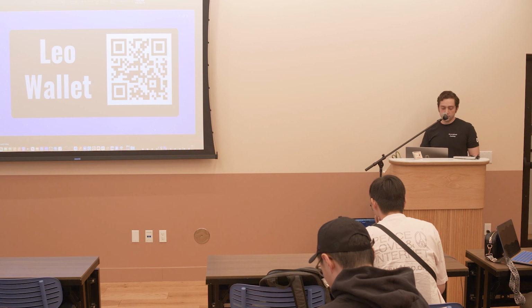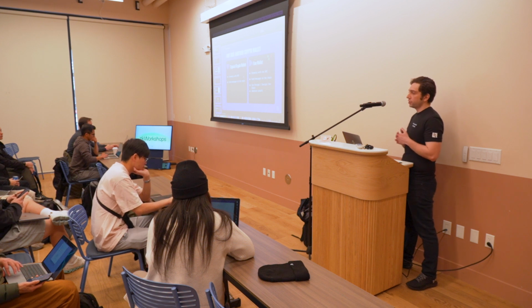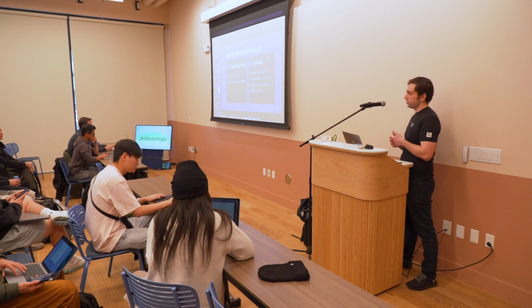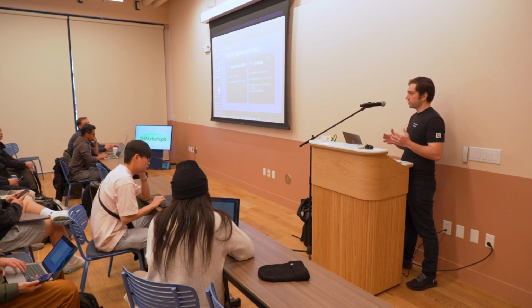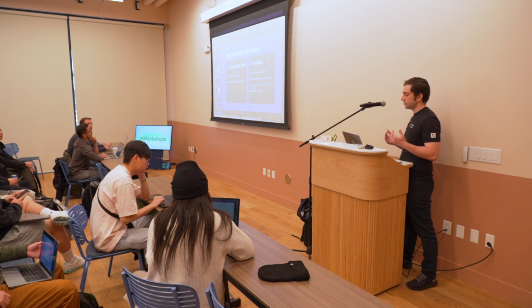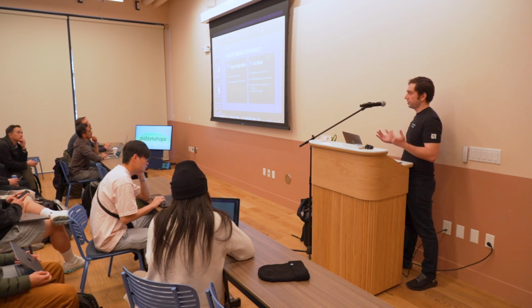Let's talk about some other features of the Leo wallet. Why are wallets so hard in privacy preserving chains? The first reason is that unlike other wallets, which are pretty much just a wrapper around an API and then a key storage mechanism and signing mechanism, in our wallets, you're actually generating proofs, right?